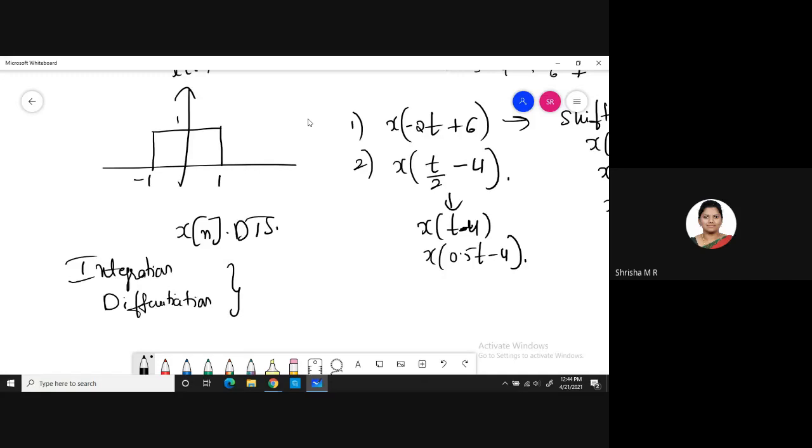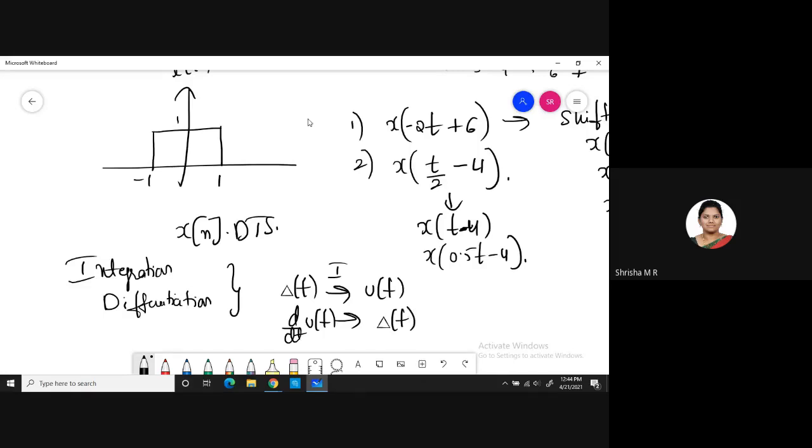So we have seen if you integrate an impulse signal, you get a unit step, right? Similarly, if you differentiate a unit step, you will get an impulse signal, correct?